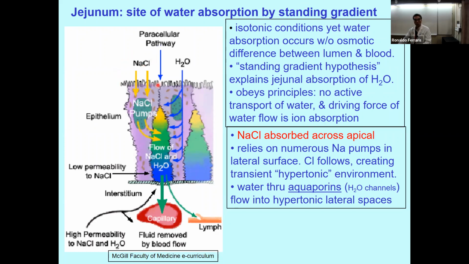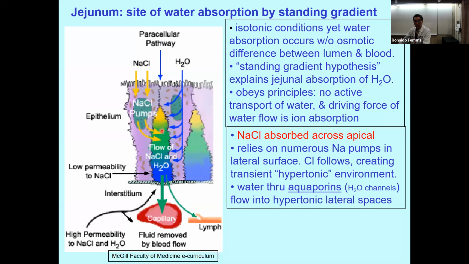So by your sodium and chloride transporters, you bring it in, and then the sodium-potassium ATPases, the sodium and chloride pumps in the higher region of this intercellular space, dump the sodium chloride into the intercellular space, thereby creating a transient hypertonic environment.